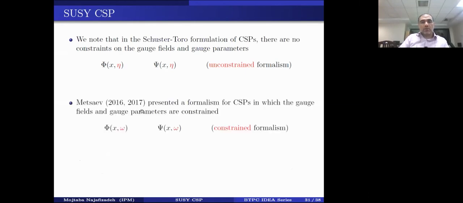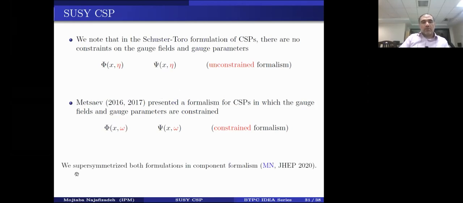There is another formulation for CSP, obtained by Metsaev in 2016 for bosons and 2017 for fermions, in which there are some constraints on the gauge fields and gauge parameters, and he worked in omega space. This formulation is known as the constrained formulation, and the Schuster-Toro formulation is known as the unconstrained formulation. But they are related to each other.